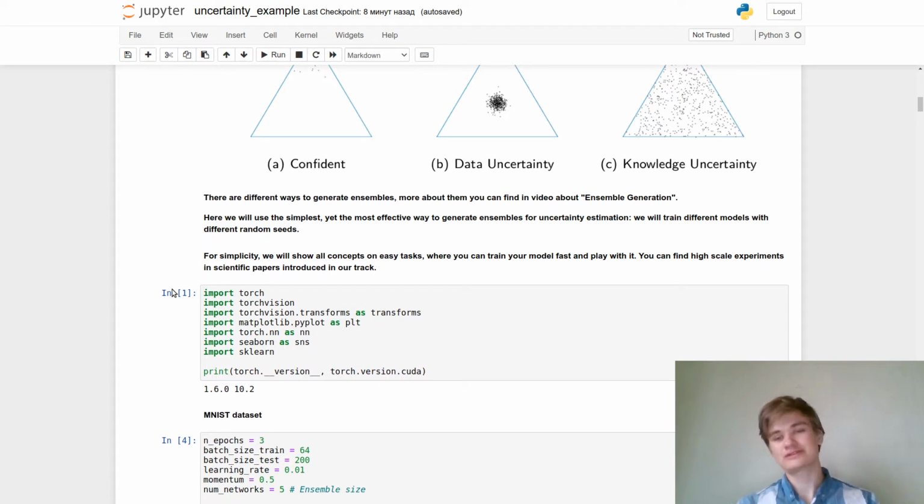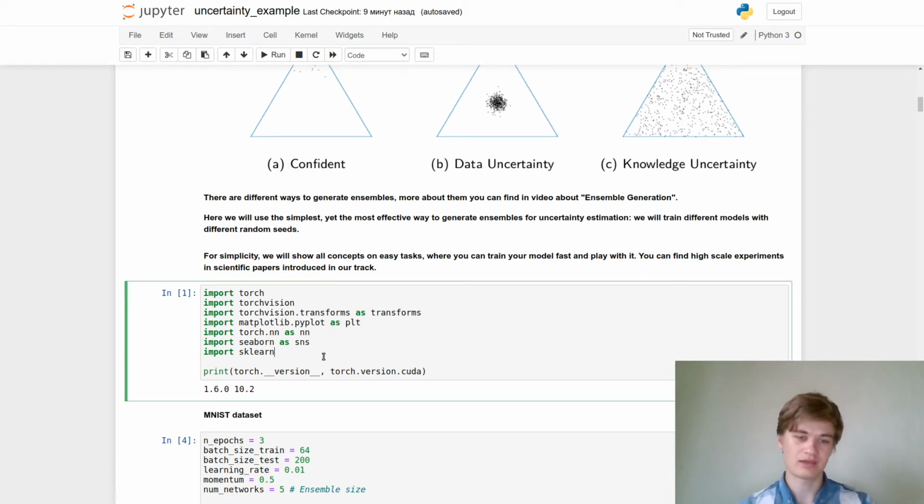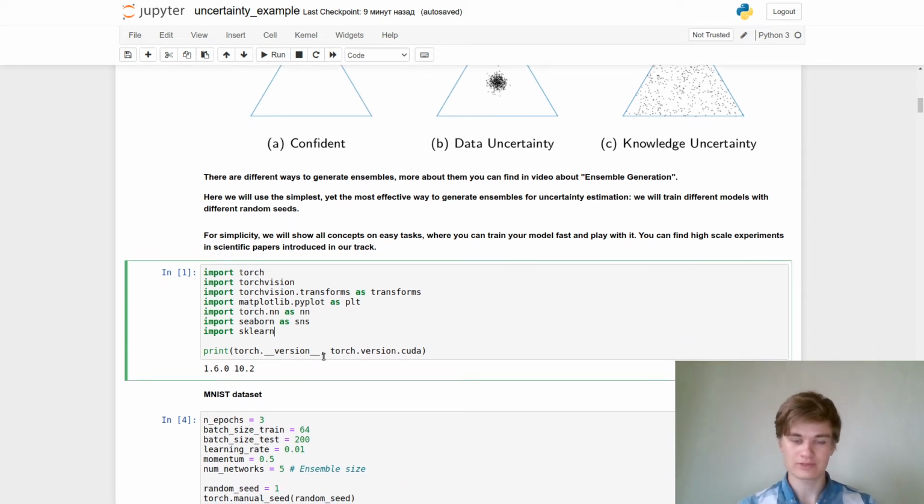For simplicity, I'll show you concepts on easy tasks where you can train your model fast and play with it. And you can find high-scale experiments in scientific papers introduced in our track, as mostly they have their GitHub repositories, and you can find code and results there.